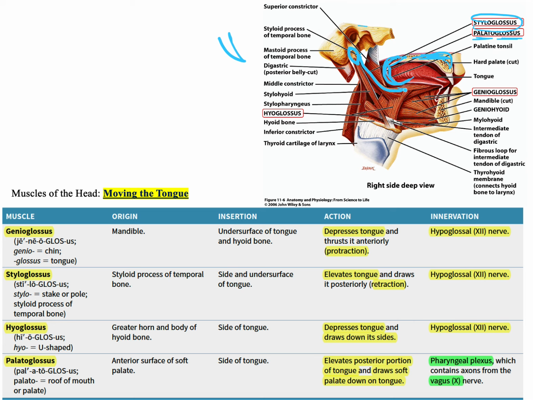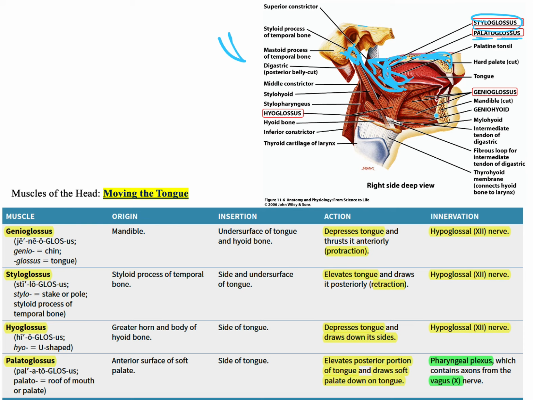So when it's contracted, because the origin is fixed, it will elevate the tongue, not just elevate, but also retract it to the back.